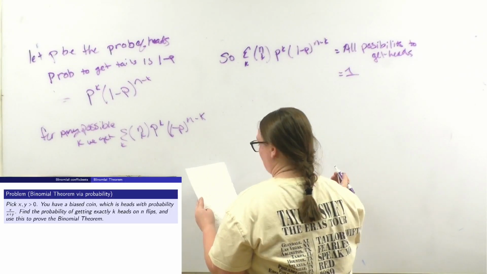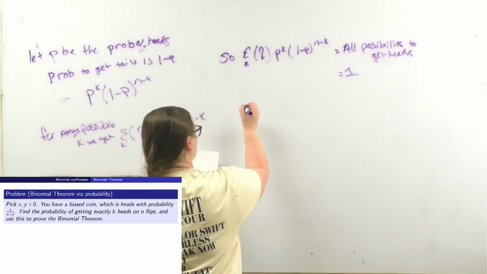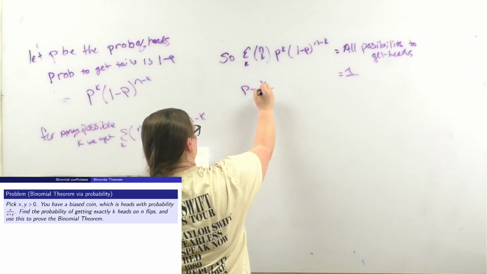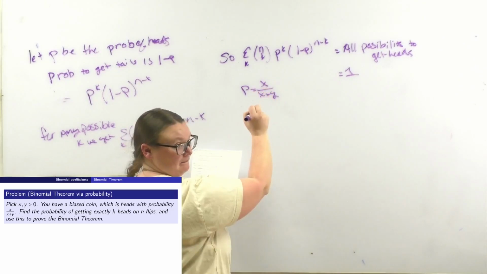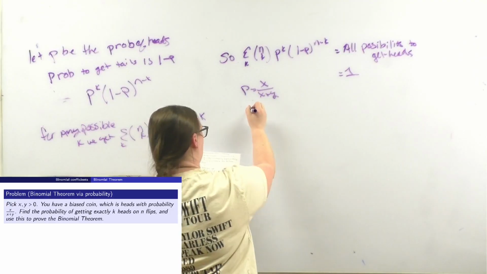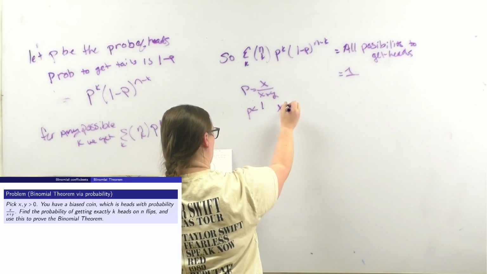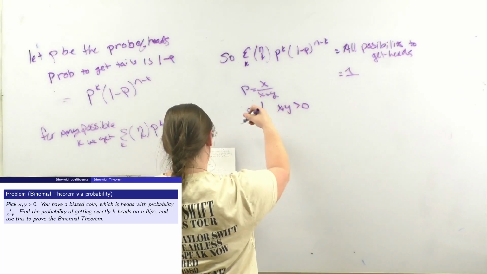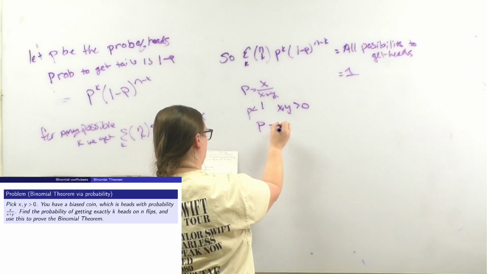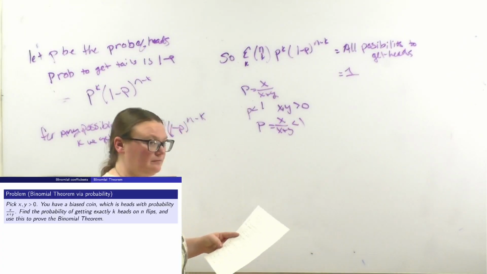So then from the problem statement, we get that P is equal to x over x plus y, right? And we know x and y are greater than 0. So then P equals x over x plus y, which is less than 1. Okay?